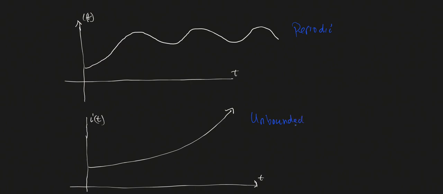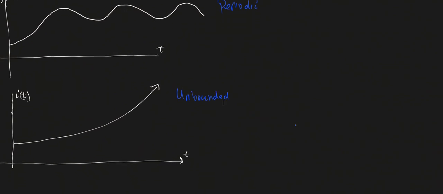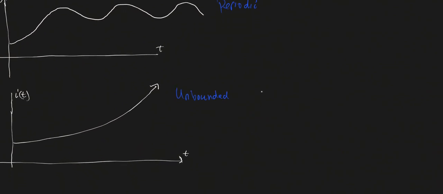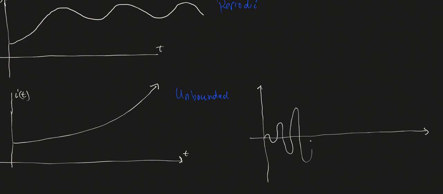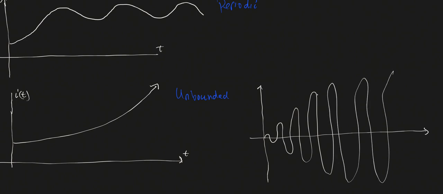I'll draw one more thing to illustrate this, which leads to another concept we don't go deeper into in this course, where you might have your response look like this. It oscillates, but if you notice, the period just keeps getting bigger and bigger. So it's still unbounded, but not in the way where it's exponential.